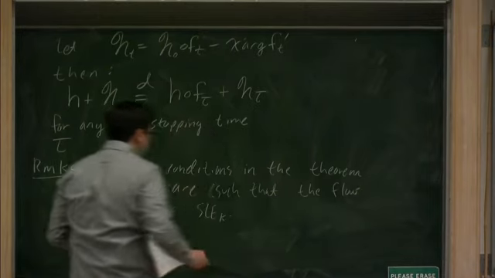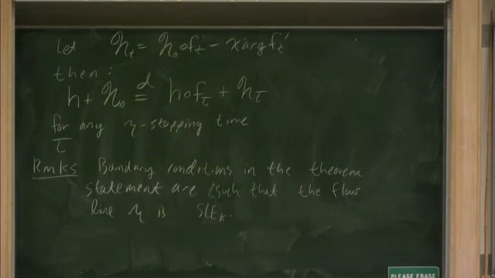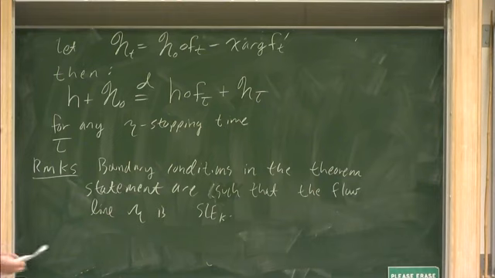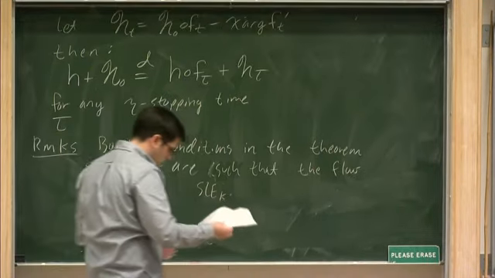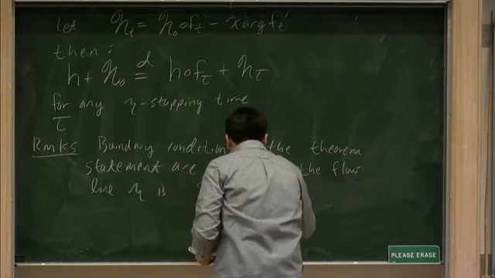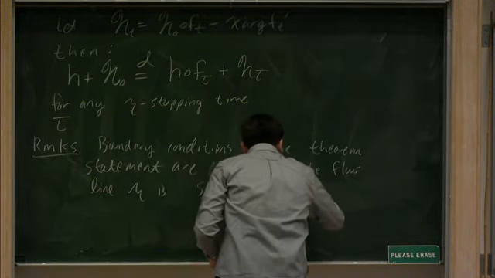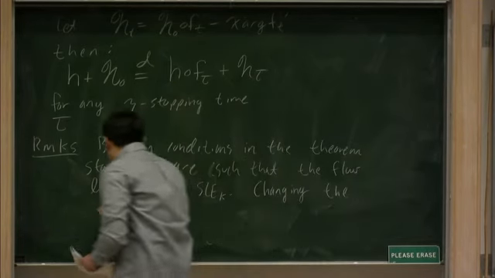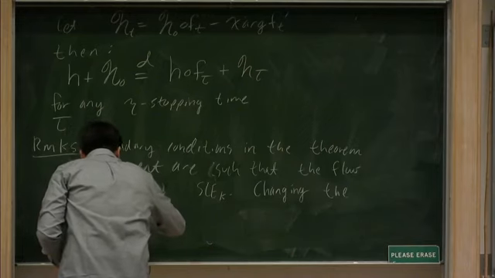Okay, so if you take minus lambda, lambda boundary conditions, then the Gaussian free field flow line from the origin is SLE. If you change the boundary conditions, then what do you get?